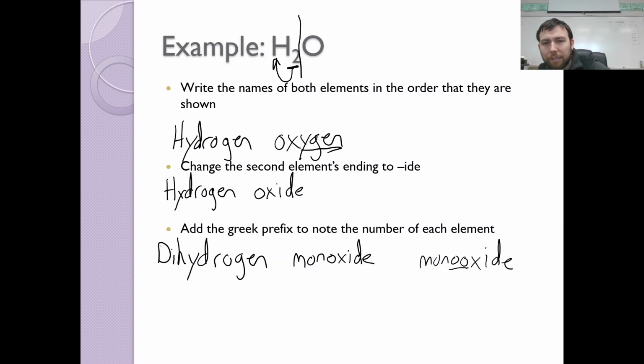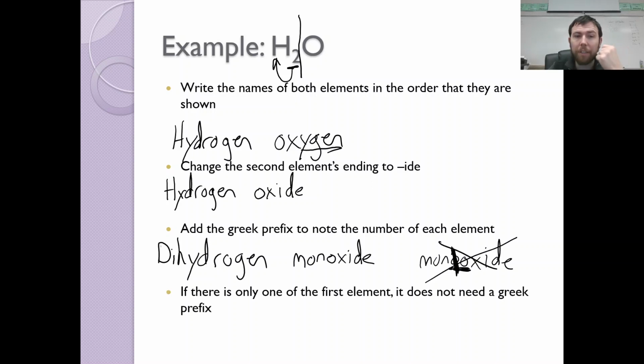You see this double O here? That doesn't look very good and it sounds really funky, right? So what chemists have done is they said, okay, we're just going to simply drop one of these O's and make it monoxide. So obviously you wouldn't see this. That's not what you would use. You'd go to the monoxide portion.